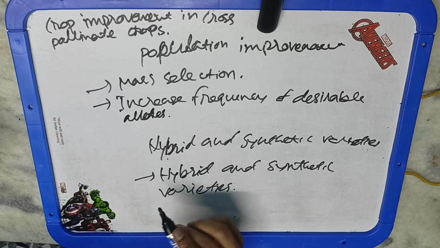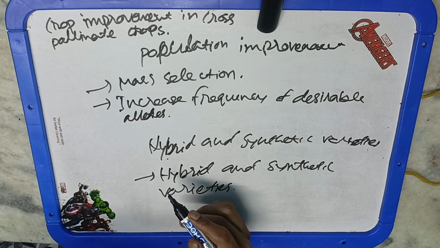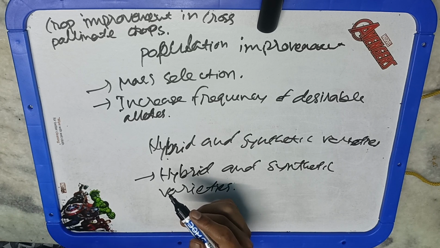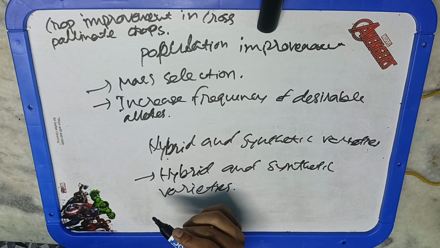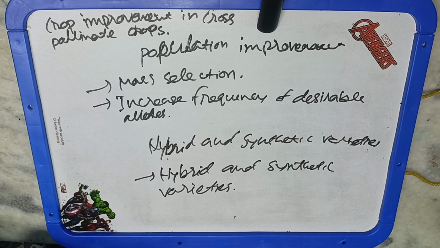So we are increasing the frequency of the desirable type. How does the frequency increase? If you select the suitable type of plants, then there will be chances of crossing only between those plants, so the frequency of the desirable allele will be more. This is the basic idea of population improvement.